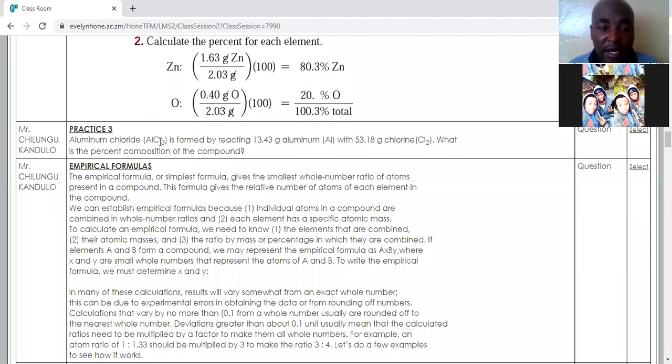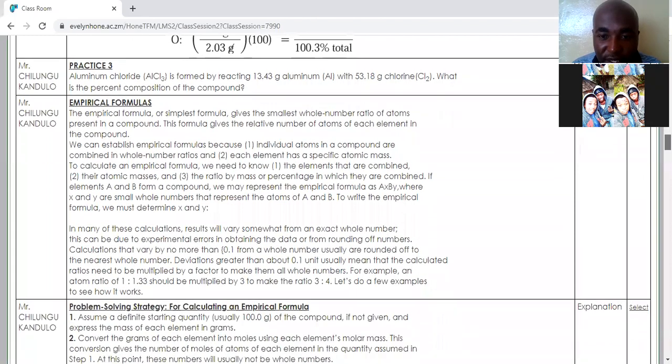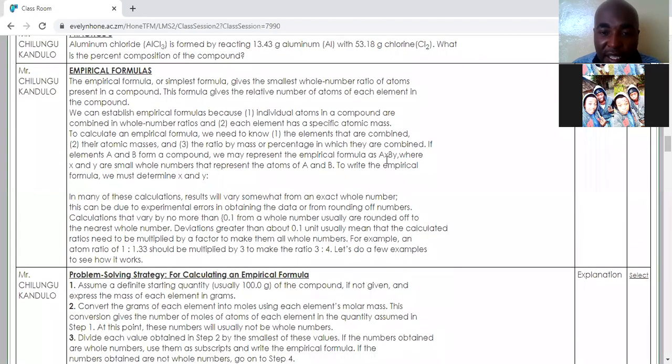Each element has a specific atomic mass. So there's a rule there. You can go and read. In empirical formula, we write them as X, Y subscripts, so those should be small numbers.